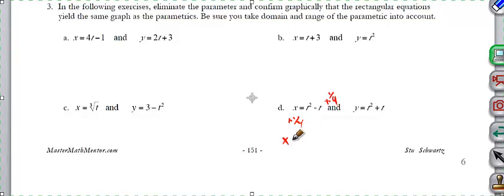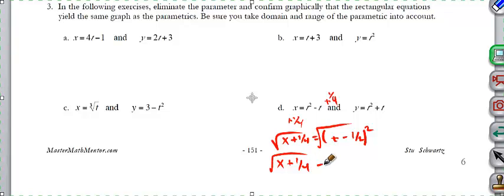So the left would be x plus 1/4, and the right ends up factoring as t minus 1/2 squared. So all we're doing is completing the square, and then we square root both sides. So the square root of x plus 1/4 would equal our t.